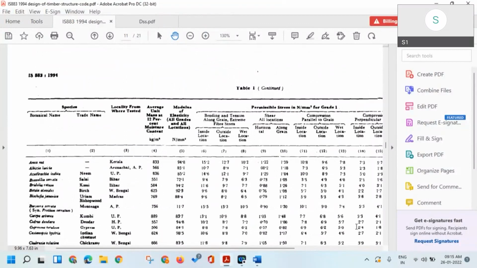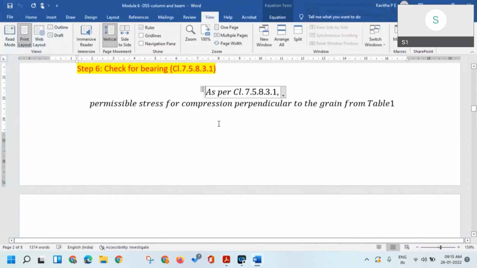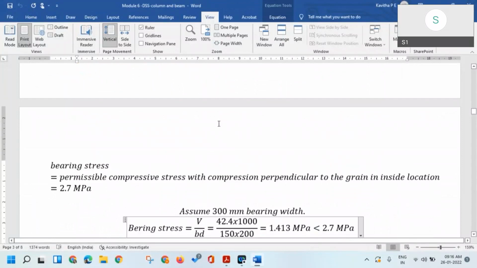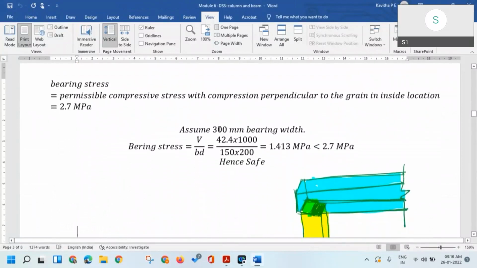The value here is 2.7. So perpendicular to the grain, the allowable value is 2.7.